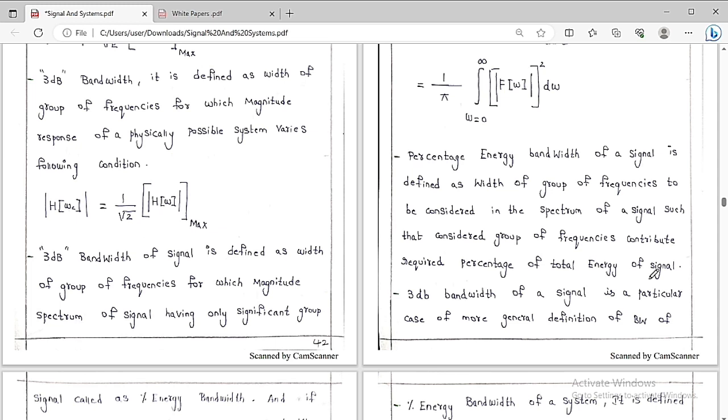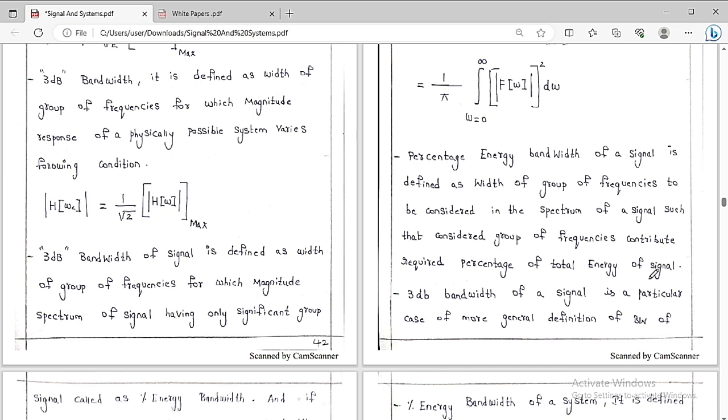If you want only a certain range of bandwidth, you have to choose only those frequencies that are going to contribute the corresponding energy.